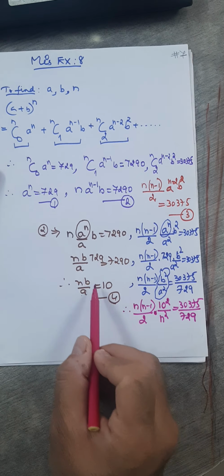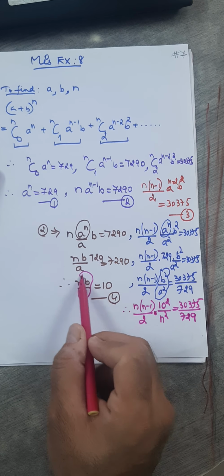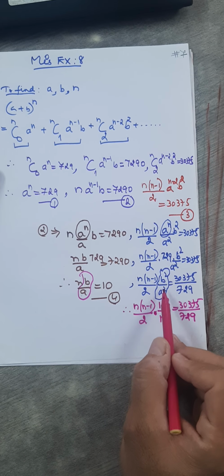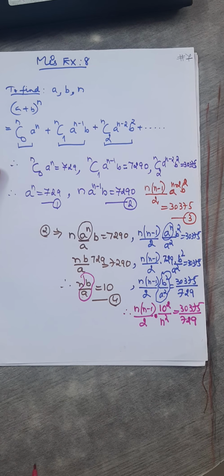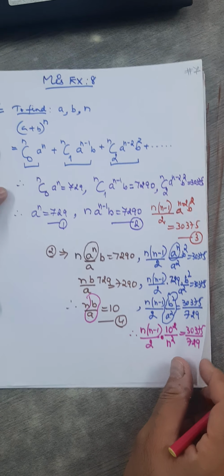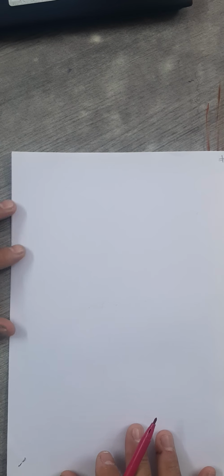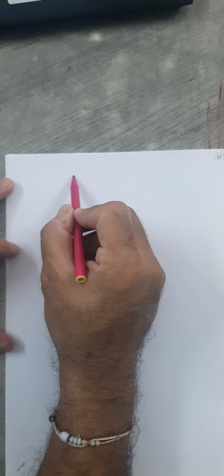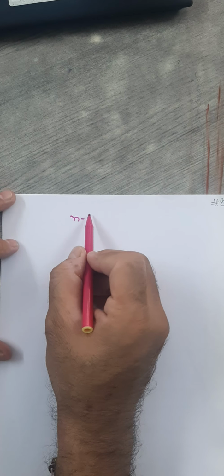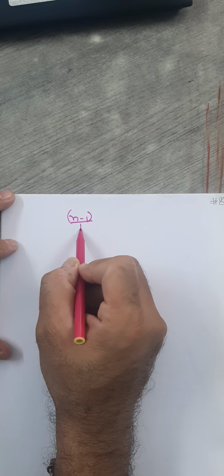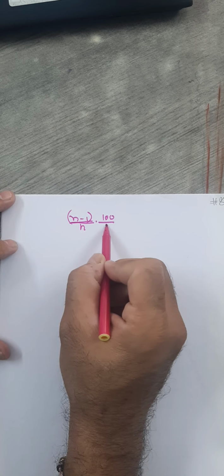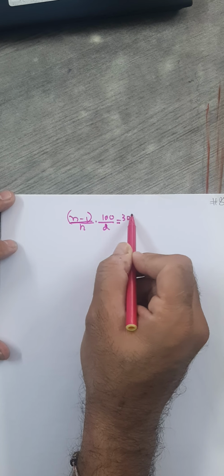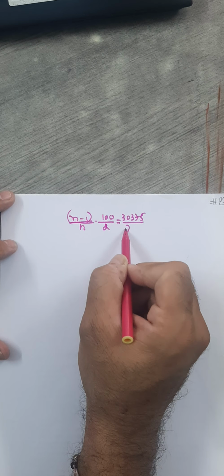I hope this is clear to you. What I did, I've just placed the value of b by a here, which gives us 10 square by n square. Fine. Now further, if I simplify, one n will get cancelled. So you have here (n minus 1) upon n into 100 by 2 equals 30375 by 729.